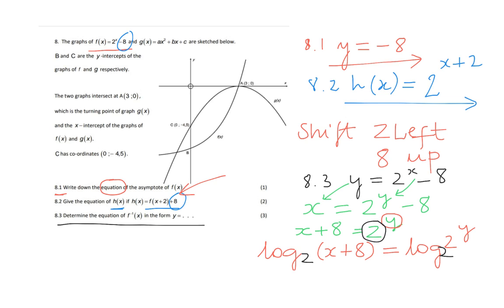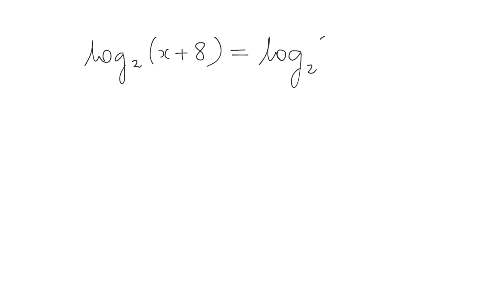So on the left hand side we have log base 2 of x plus 8, and on the right hand side we have log base 2 of 2 to the y.